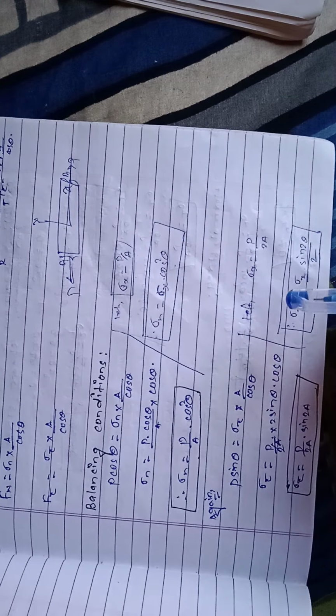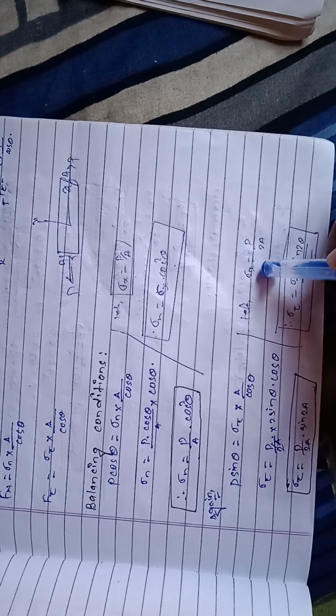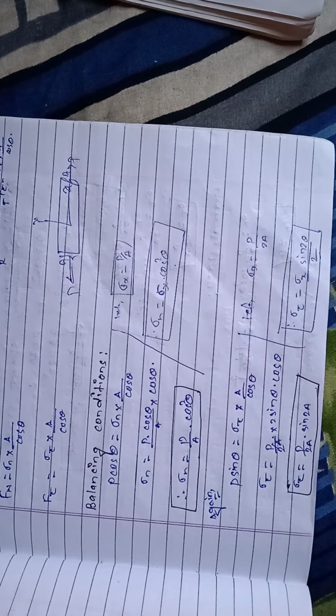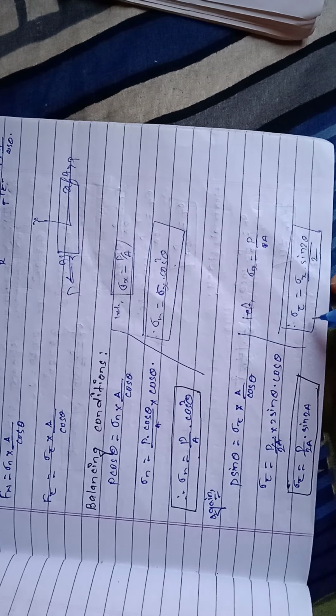We let sigma x be equal to P by A. So shear stress is equal to sigma x by 2 into sin 2 theta.